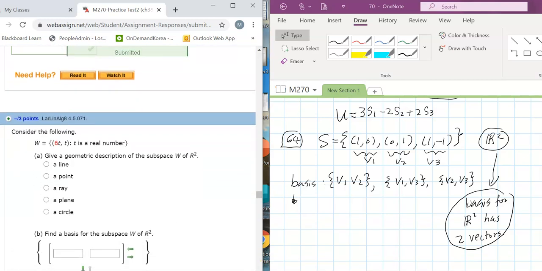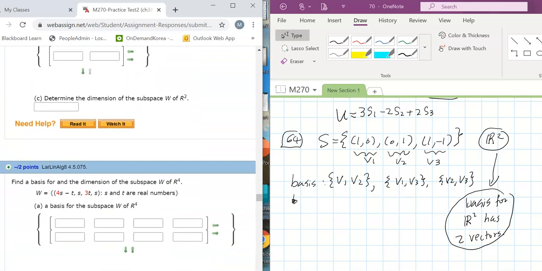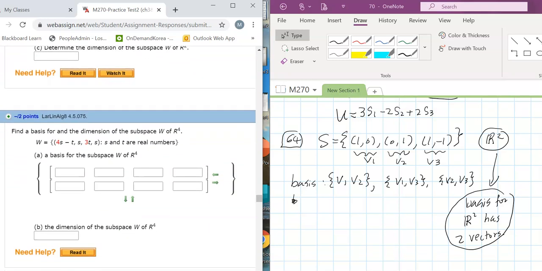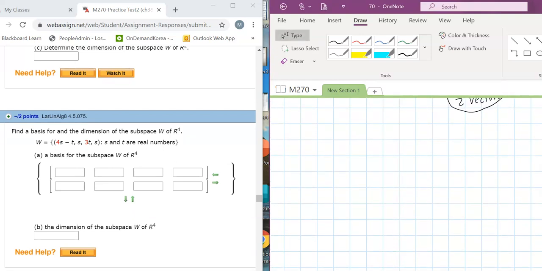This one we already did. Okay, so let's try something more. How about this one? This is find the basis and the dimension of the solution space.